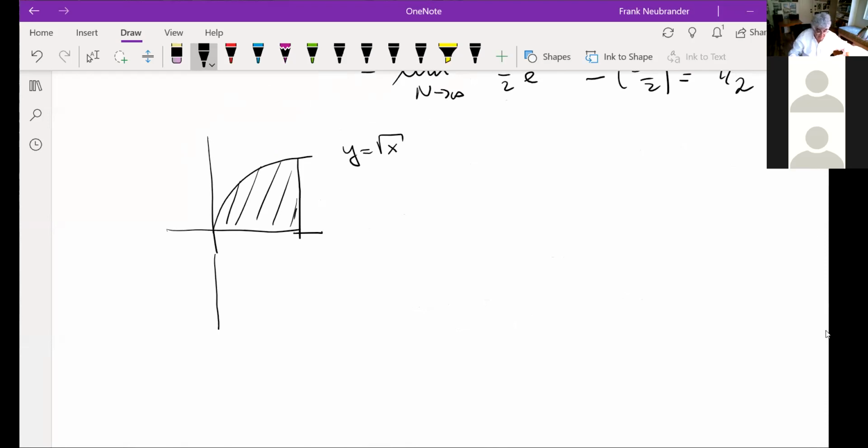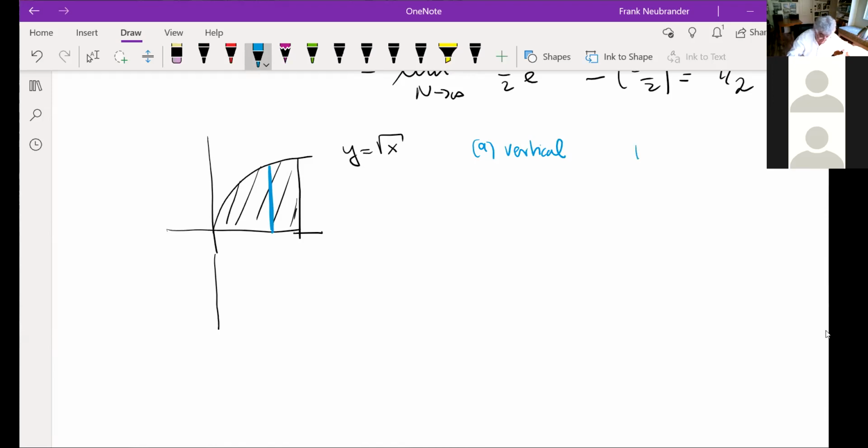And first we compute the area of this region by using vertical slices. So here is a slice of this region. Now, if I do vertical slices and I look now at the area of the blue slice, this is length times width.